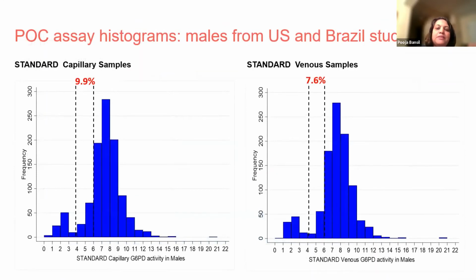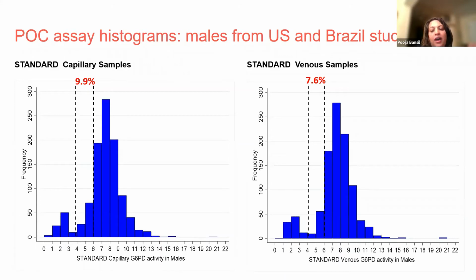These histograms are for the same males, but generated from capillary and venous samples using the standard test. Here we see in the histogram using standard capillary samples, 9.9% of all males are in the intermediate range. In the histogram generated from standard venous samples, there are 7.6% of males in the intermediate range.